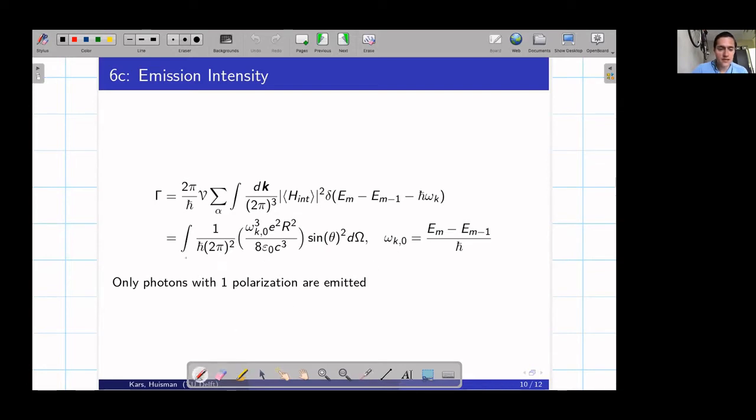So this thing here is the emission intensity, and that's what you were asked to calculate. And only photons with one polarization are emitted because only one of the polarizations contributed, as I showed in the previous slide.